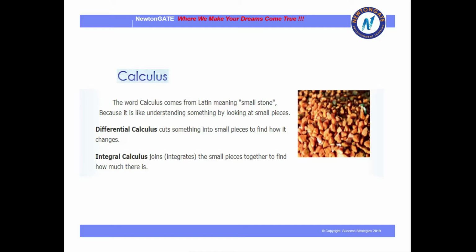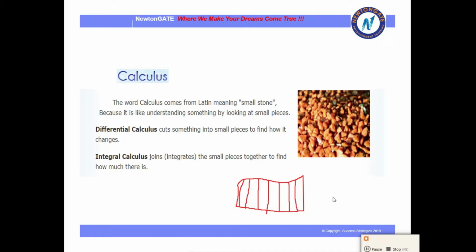Like for example, suppose we have over here a curve like this. Now, or suppose a curve or a figure like this. Now, suppose we are dividing this into equal parts, and we are finding the position or the area of each individual part.